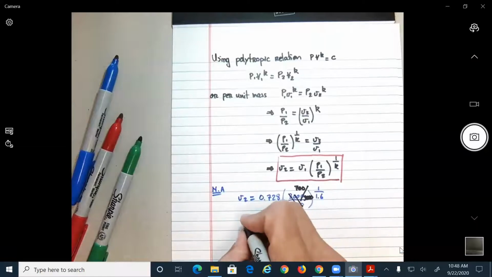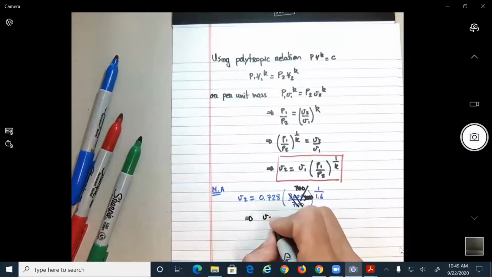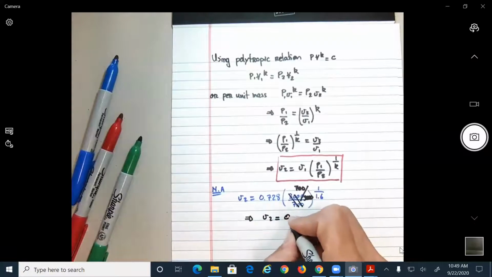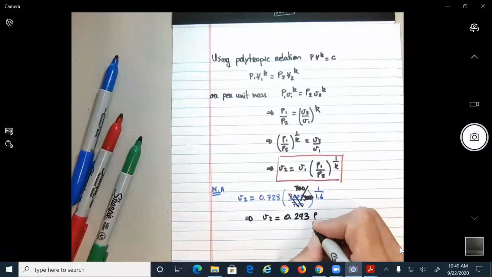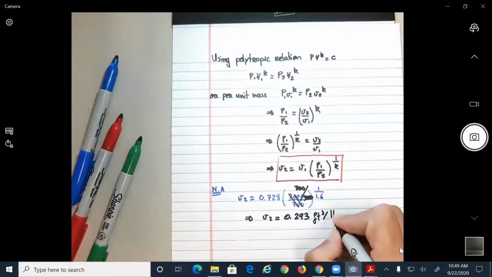And if you do this calculation, this gives you that V2 is equal to 0.293 cubic feet per LB.